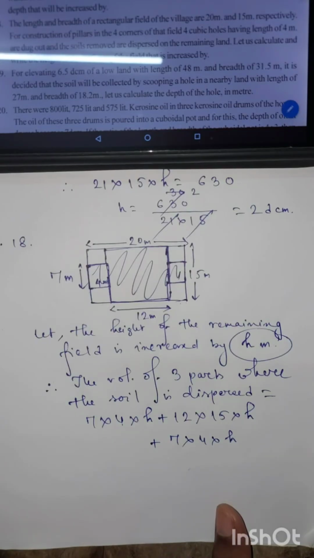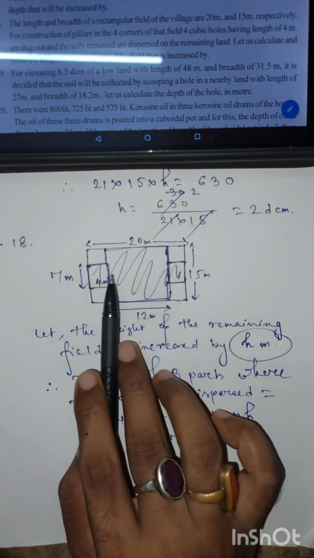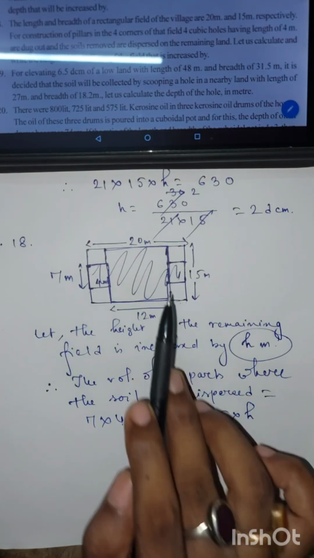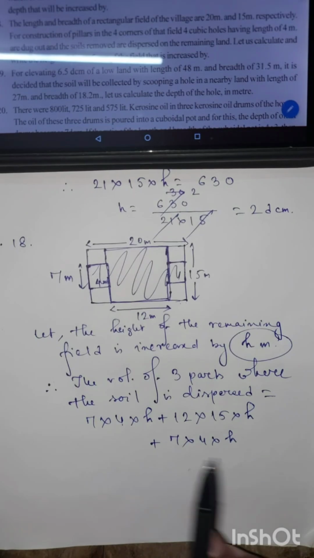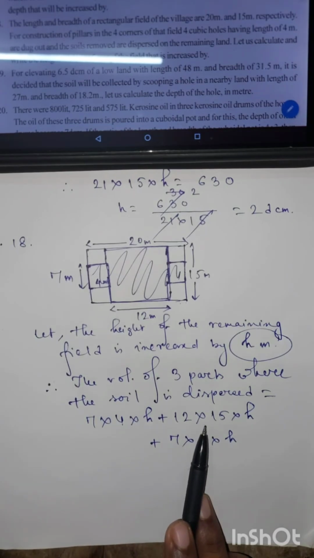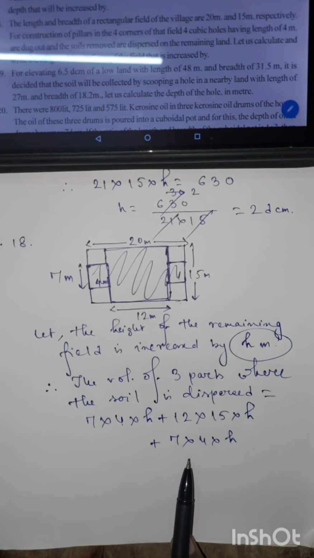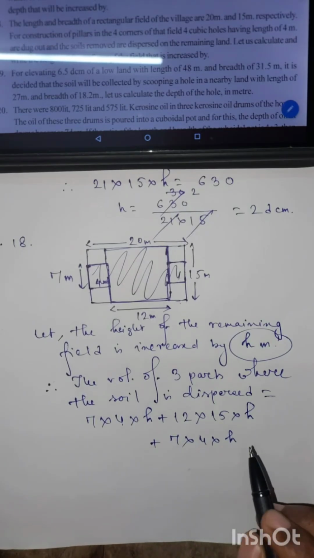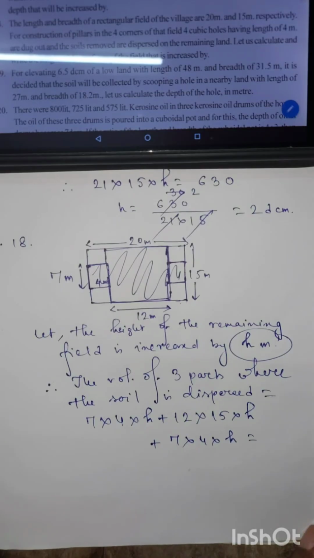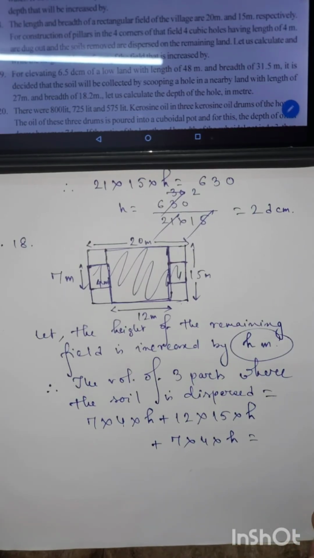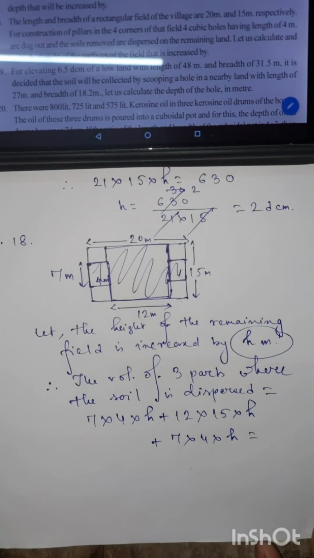We have determined the volume of these three parts: volume of first part plus volume of second part plus volume of third part, and this volume is actually equal to the removed soil.